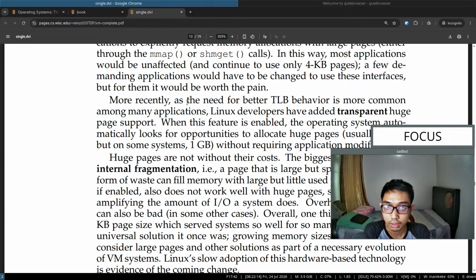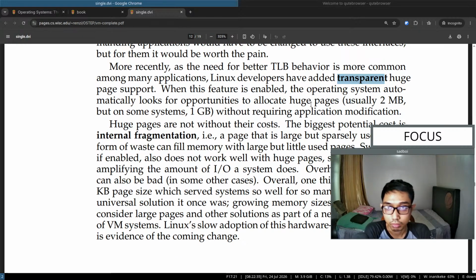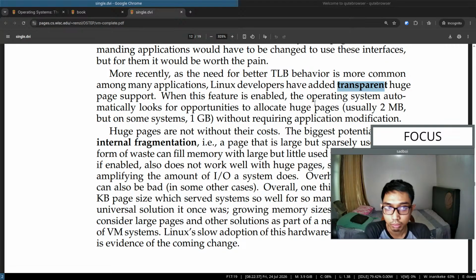More recently, as the need for better translation lookaside buffer behavior is more common among many applications, Linux developers have added transparent huge page support. What transparent means in here, I assume, maybe it is something that we cannot see rather than openness.